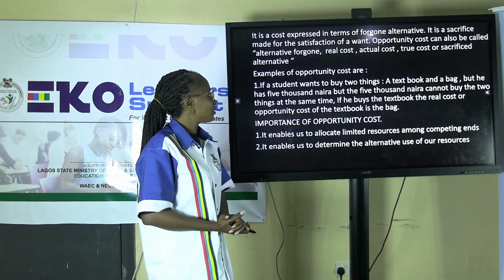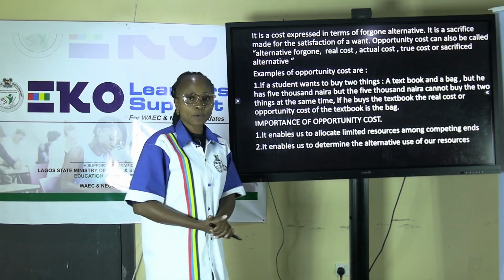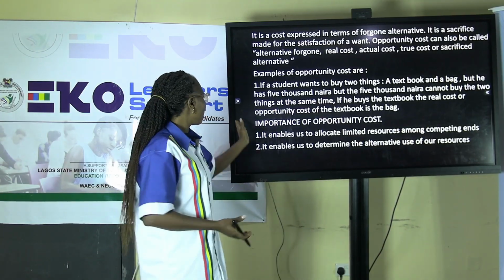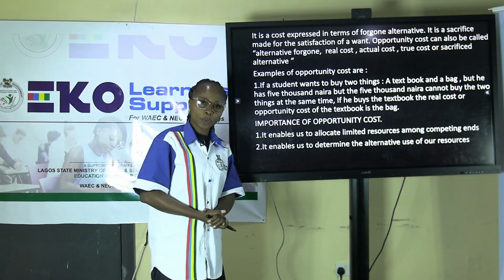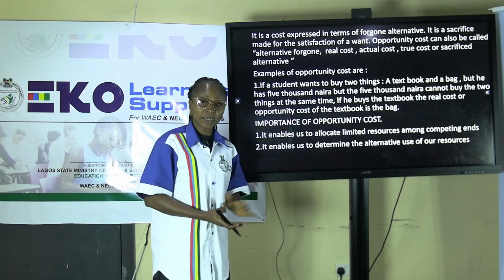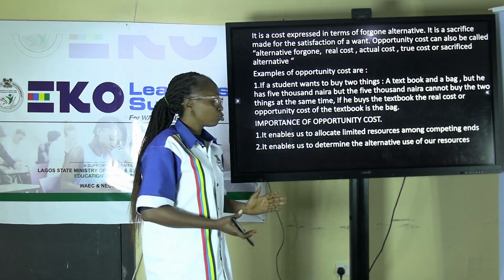If the student decides to buy the textbook and leave the bag, what he leaves on board is what we call opportunity cost. That now leads us to the importance, functions or uses of opportunity cost, either to an individual, firms, and government.